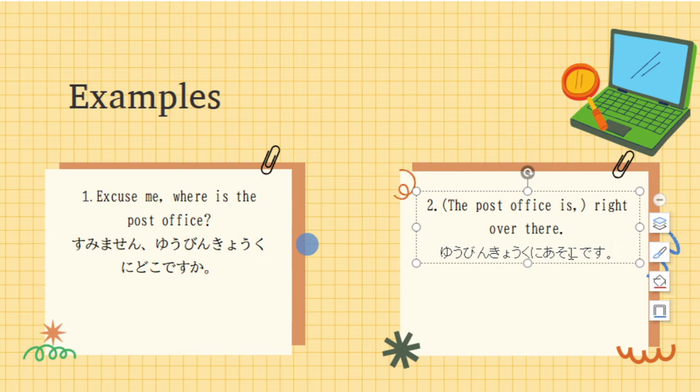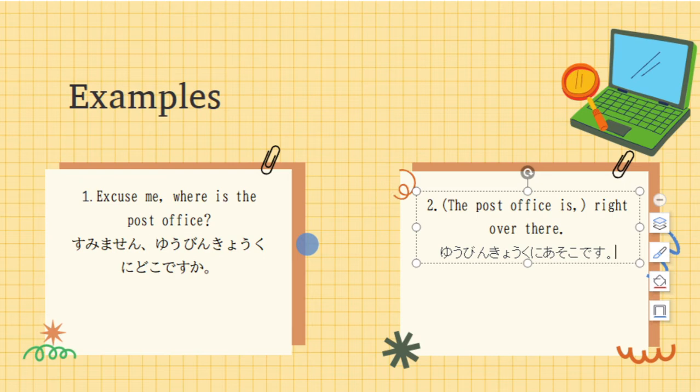And if it is near the person you're talking to, you will use the soko. So we have yubinkyoku wa koko desu or yubinkyoku wa soko desu. So that is for our koko, soko, asoko, and doko. Always remember that this one is used for places. Do not be confused with kore, sore, are, and kono, sono, ano.